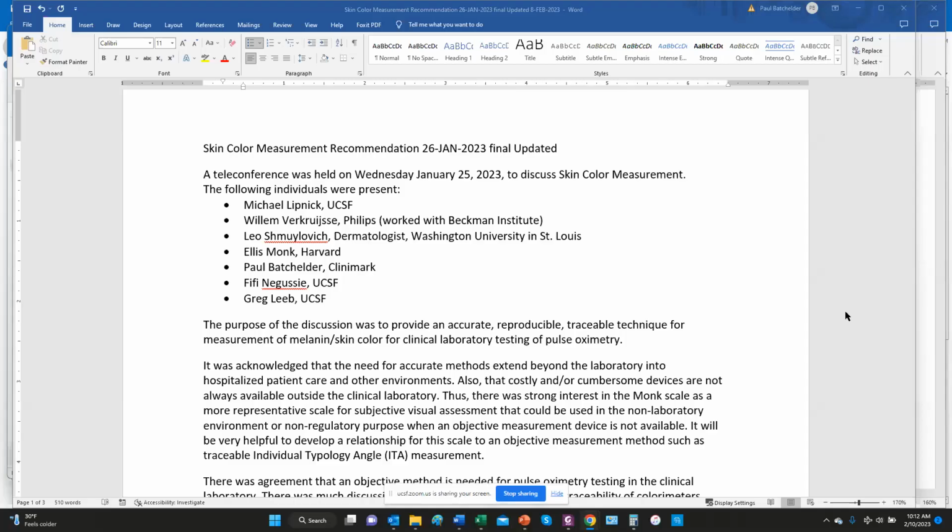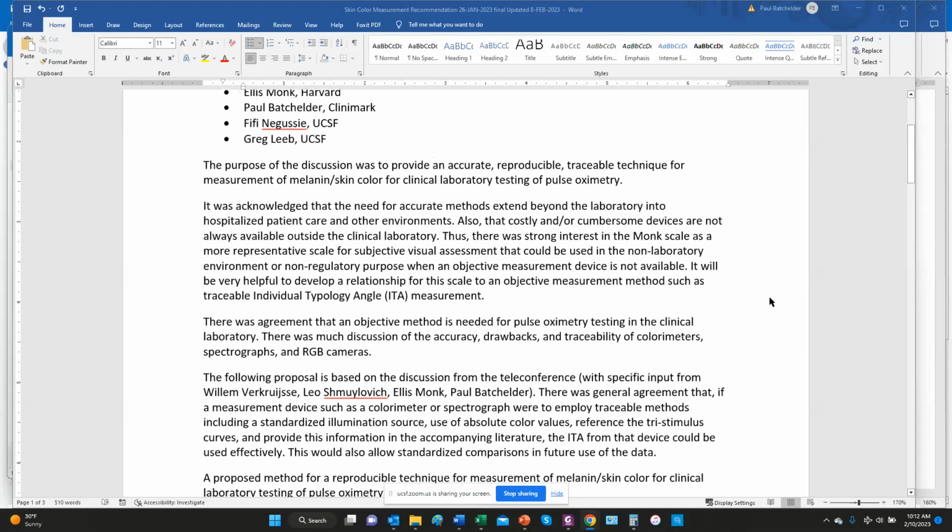All right. So what Josh is referring to is the conversation, Michael, that you, Wim, Leo, Ellis, myself, and Fifi were in, and Greg left, the people listed here. We were trying to consolidate what we thought we knew at that point to the best of our abilities, and we had a good discussion about the ways to measure and the important aspects that need to be captured.